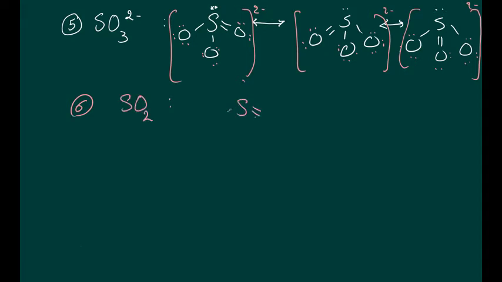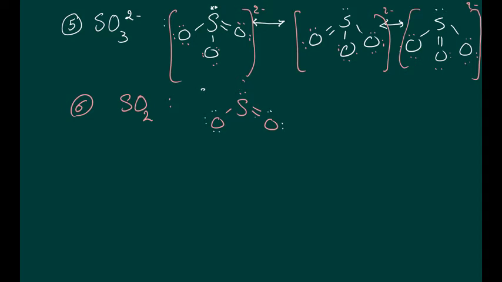Sulfur dioxide. The remaining electrons are 4 on this oxygen atom, 6 on this oxygen atom, and don't forget that the whole molecule here is neutral.